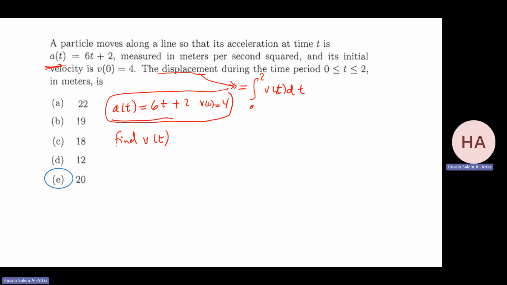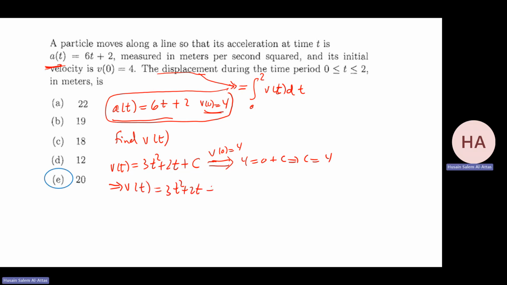I will integrate this. V of t will be 3t squared plus 2t plus a constant. We'll use this and the constant. Very clear. Using v at 0 equal 4, I get 4 equals 0 plus c. So c equals 4. So my v of t is 3t squared plus 2t plus 4.